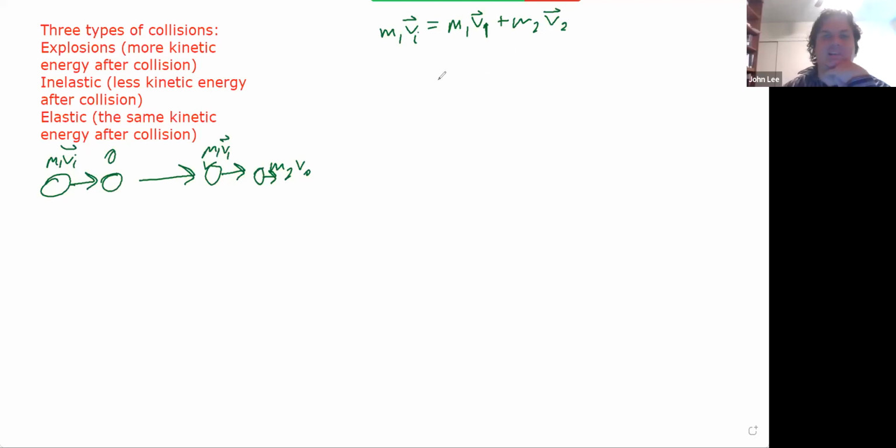Then in an elastic collision, 1/2 m1 v initial squared is equal to 1/2 m1 v1 squared plus 1/2 m2 v2 squared.